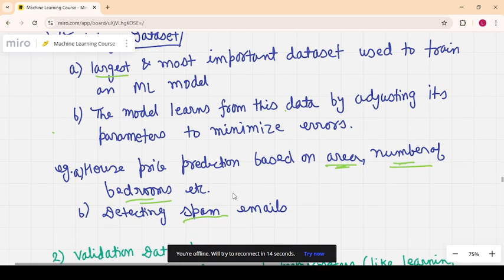In a second example, if you are building a spam detector, you will feed emails as well as labels, and the model tries to learn the patterns and adjust the parameters to minimize the error.